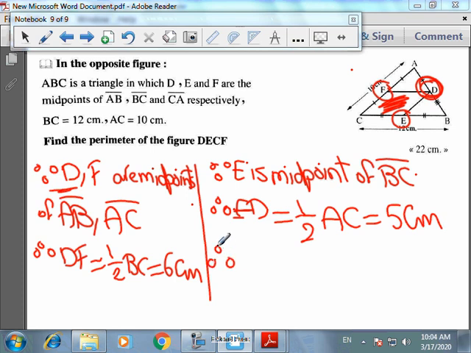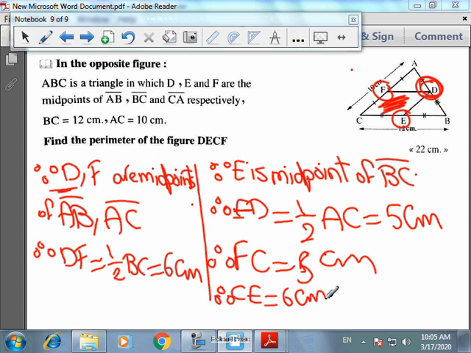Of course, I know that FC equals 5. Why? Because F is a midpoint. I also know that CE equals 6 centimeters because E is midpoint of BC. So to find the perimeter, I will get the sum of those 4 sides. So it's 6 plus 5 plus 6 plus 5. So the answer will be 22 centimeters.